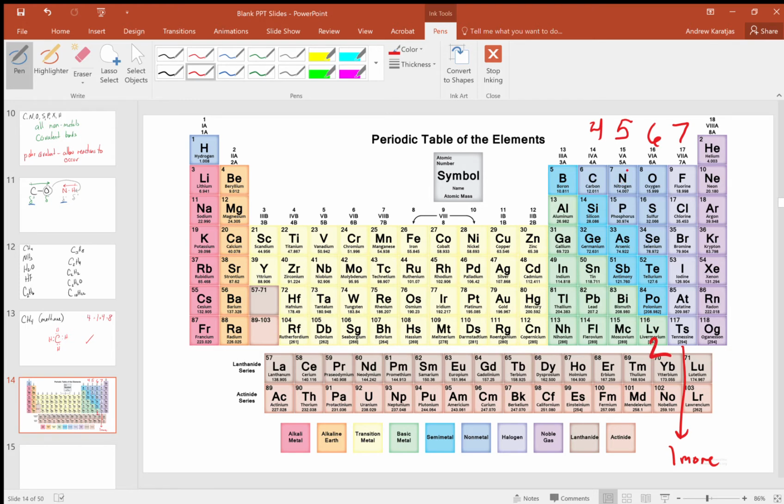Nitrogen has 5 valence electrons. It needs 3 more, so it's going to in general form 3 bonds. And carbon forms 4 bonds. So does this mean we always form 4 bonds to carbon? Yes, always 4 bonds to carbon.